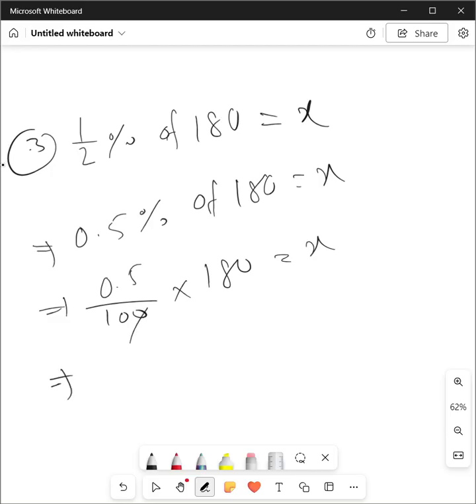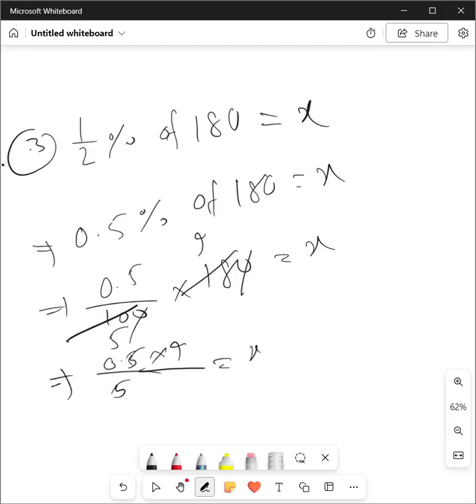Crossing these two values, what number will divide both? It will give 9 and it will give 5. So this comes up with 0.5 divided by 5, which gives multiply by 2. So we need to erase it.